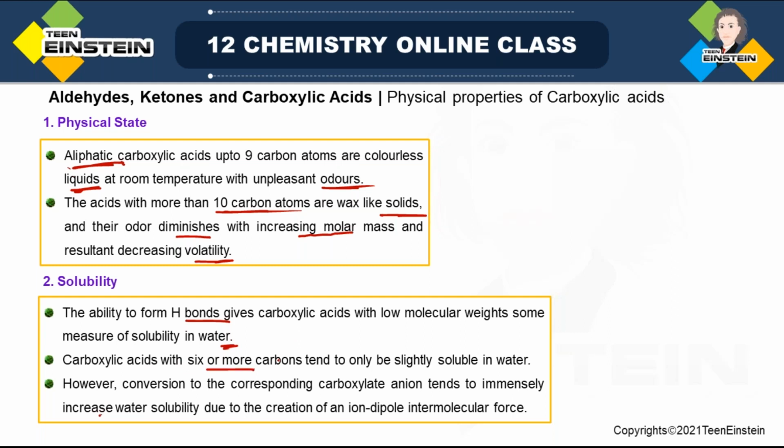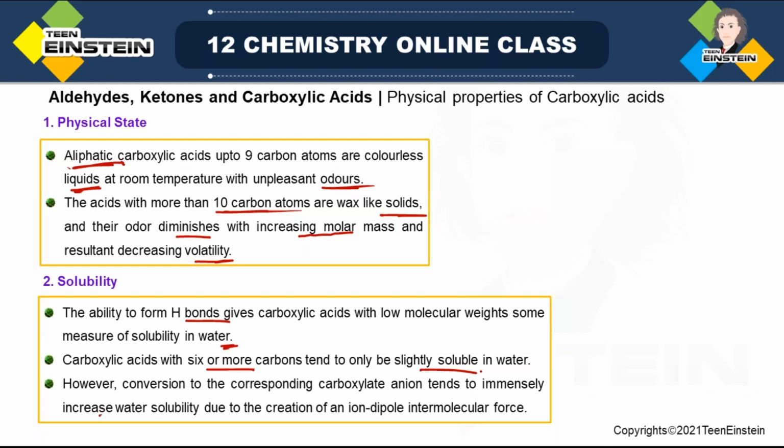Carboxylic acids with 6 or more carbons tend to be only slightly soluble. So up to 5 carbons, solubility is fine. But when you are reaching 6 or more, 7, 8, 9, gradually the solubility will decrease. And that is very natural, because when you are going beyond 6 carbons, 7 carbons, 8 carbons, the hydrocarbon part is increasing.